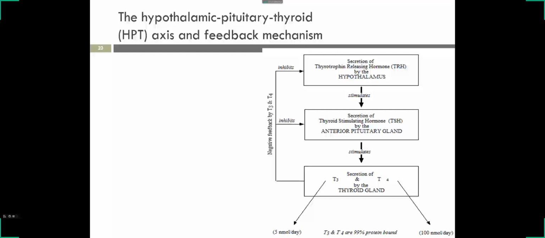Now, one of the important things about T3 and T4 is they're majority protein bound in the plasma. And remember I talked about the ratios of T4 versus T3. So the majority of the thyroid gland secretion is in the form of T4.